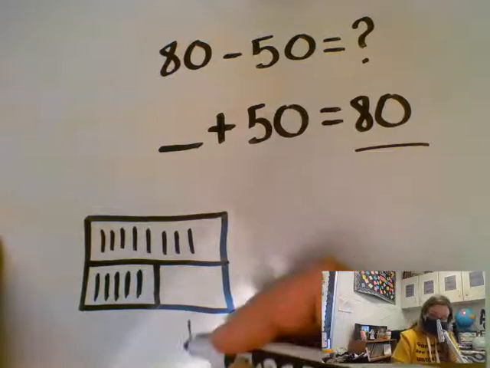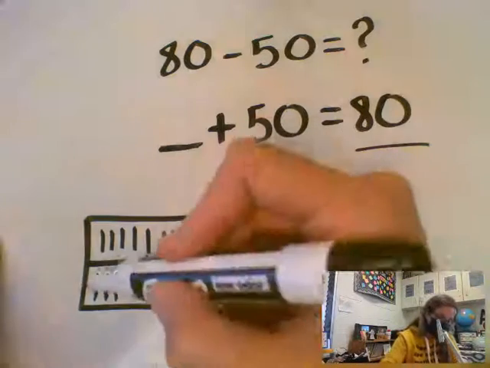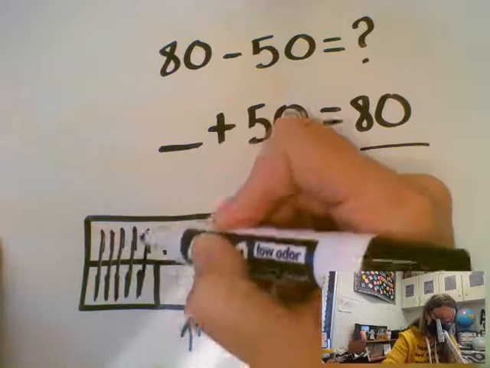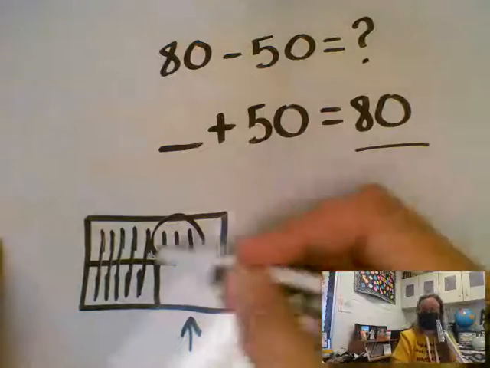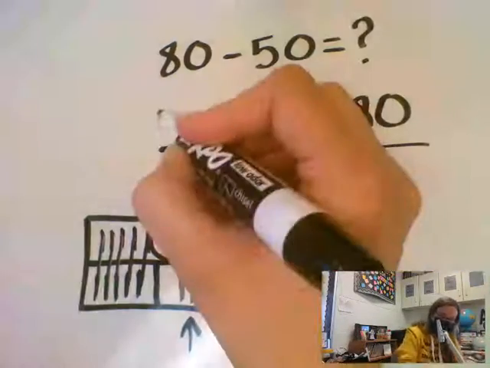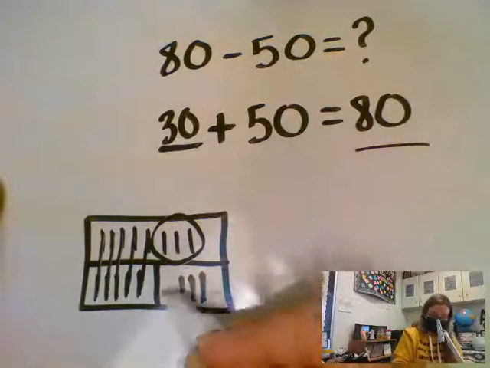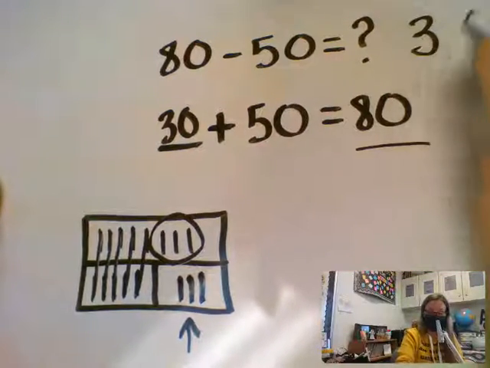Now I just need to figure out that missing part. So if I connect here, there's 10, 20, 30, 40, 50. These remaining tens are my other part, or my missing piece. So 10, 20, 30. If 30 plus 50 is 80, then 80 minus 50 equals 30.